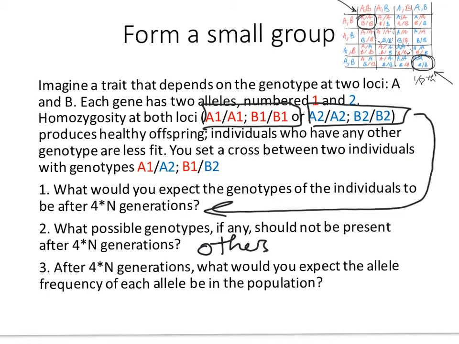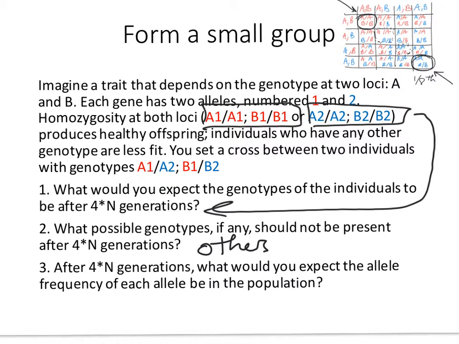But this is the critical point, and this is setting up for class next time. Question 3. After this many generations pass, what's the frequency of A1 and A2 in the population? That is, is the red version or the blue version of gene A, 1 or 2, better than the other? If they're both equally fit, then no. Right.